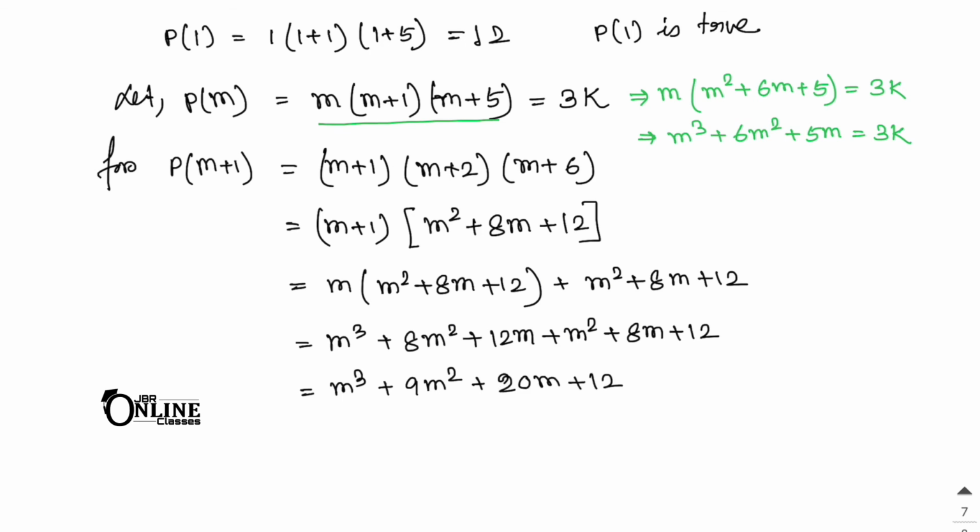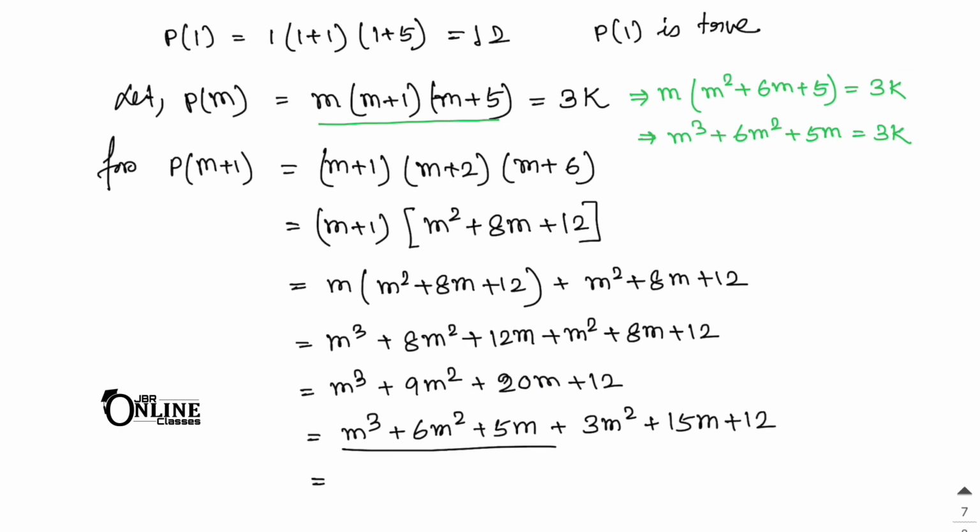So if you want to write down m cube and then 6m square plus 5m, then with 9m square you can write 3m square, and that one will be 15m plus 12. The first part, you can put down directly as 3k.